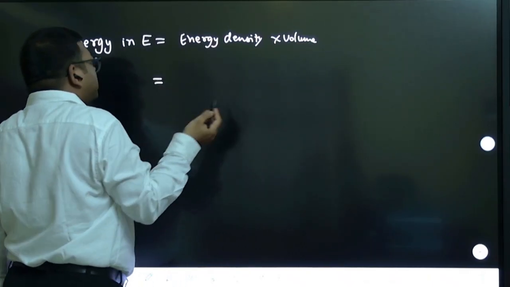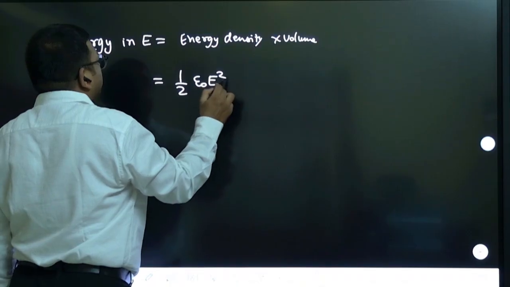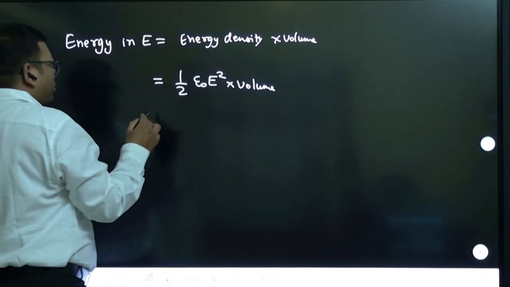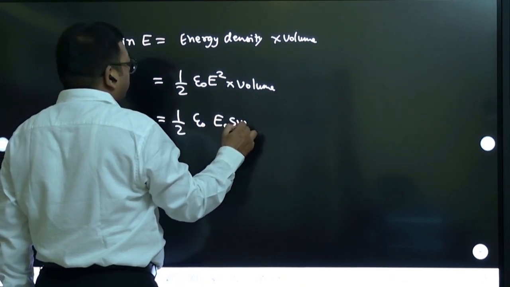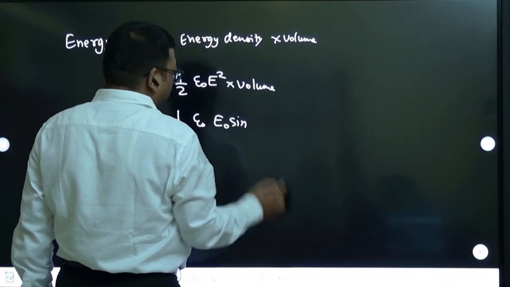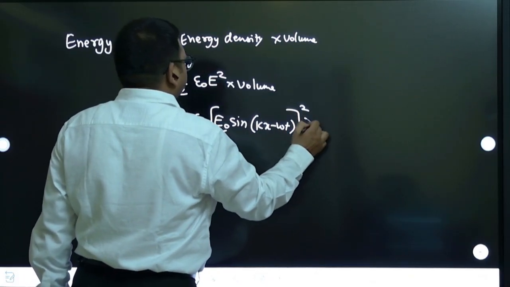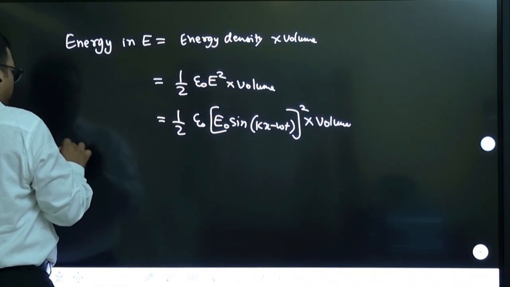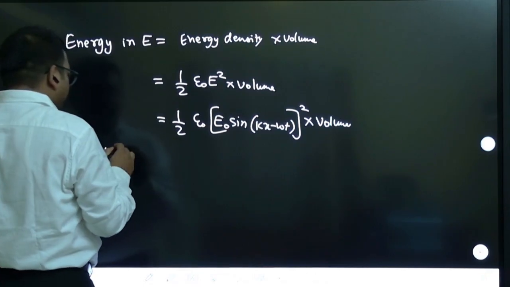The energy density formula is half epsilon naught E square, and you will multiply by volume. What is the electric field? Electric field is E naught sin of kx minus omega t. Remember that we have just written kx minus omega t. This whole square you have to take into volume. So let us write energy divided by volume, let us write energy density only.